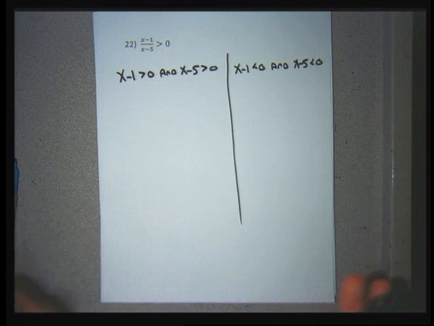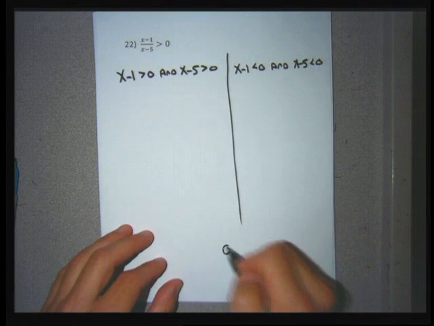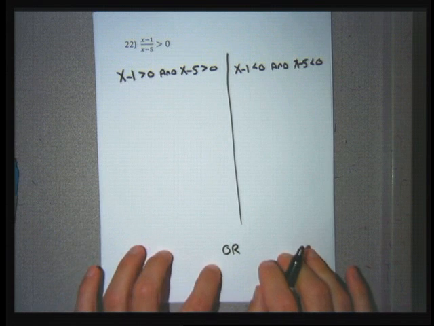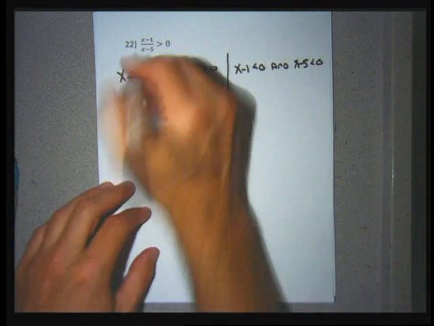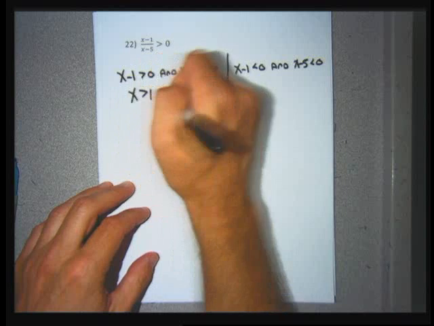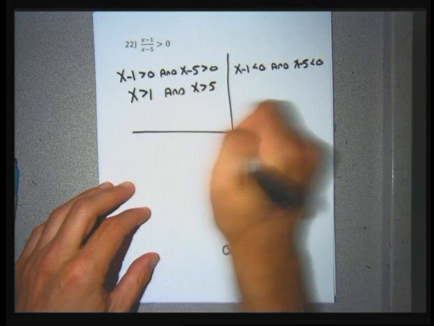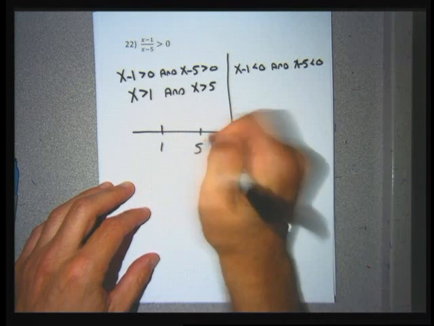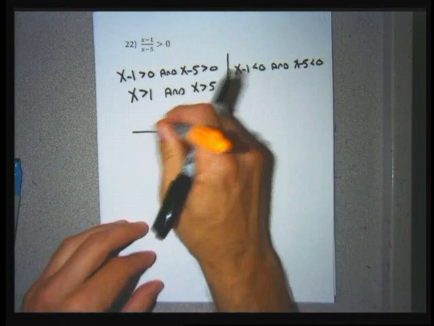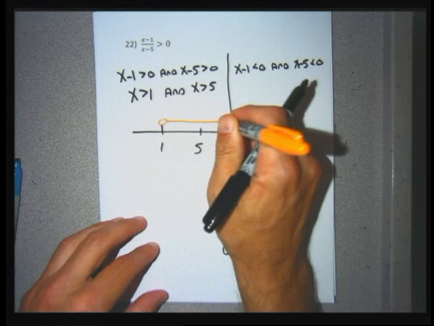Greater thans usually both work, and you usually wind up writing the answer to each with an or between. This scenario, the first scenario, I have x is greater than 1 and x is greater than 5. I find 1 and 5 on my number line. X is greater than 1 is going to the right of 1.